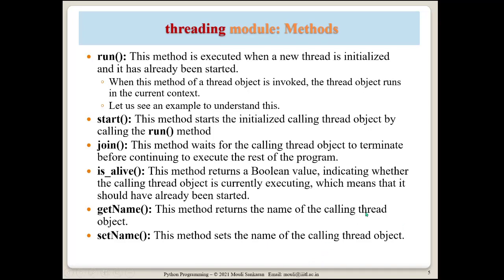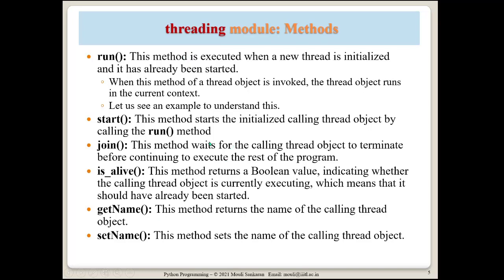We normally see actors change their name. They have one for the commercial world and one for the private world. So even people change their name for different reasons. You can change the name of a thread object after having created it using this particular method.